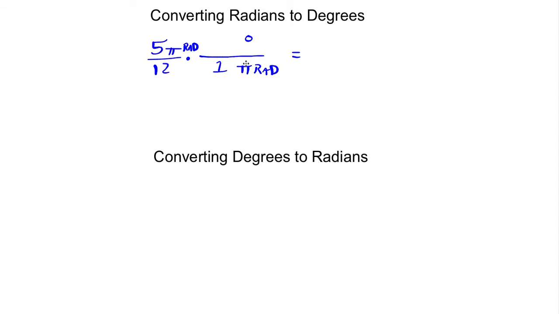Well, if I keep it simple, there are 180 degrees in 1 pi radian. So when I multiply, the pi's cancel out, and I'm left with 5 times 180 over 12. And so 5 times 180 is 900, divided by 12 is 75 degrees.